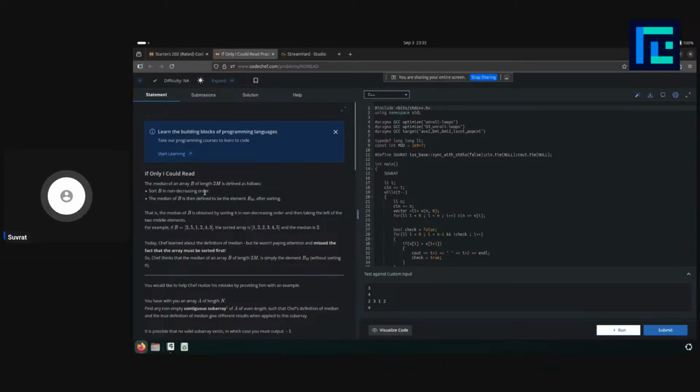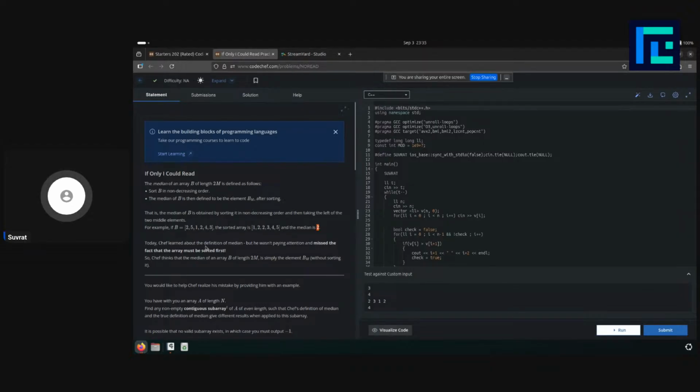Sort B in non-descending order. The median of B is then defined to be the element Bm after sorting. That is, the median of B is obtained by sorting it in non-decreasing order and then taking the left of the two middle elements. For example, if B is equal to 2, 5, 1, 2, 4, 3, then the sorted array is 1, 2, 2, 3, 4, 5, and the median is 2.